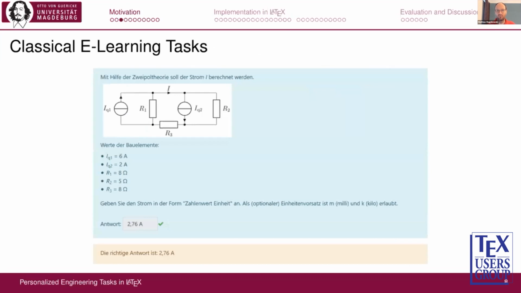Then, a little bit on how you can do this. There are classical e-learning tasks where you can test students' competencies and knowledge, but the problem with these tasks is always that they have to do a calculation, but at the end they only fill in a number in a field, and you can only test the number at the end, but you cannot really check the calculation.